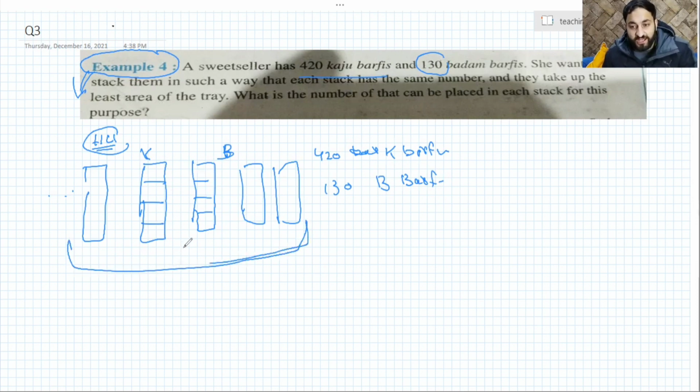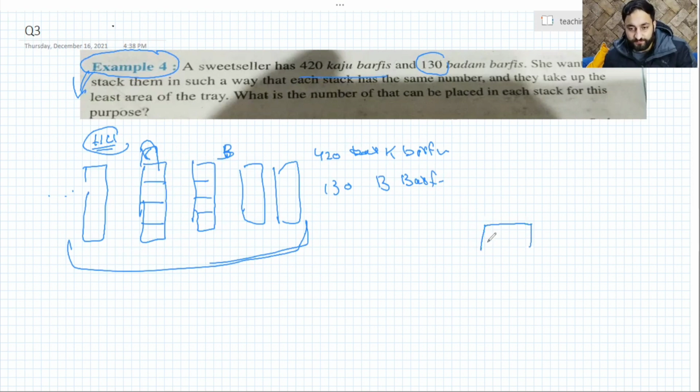They are going to take least area if you stack as many barfis as you can. But the other condition that restricts it is that the barfis in each stack should be equal. So simply you have to find the HCF of these two numbers. Let's find it out.